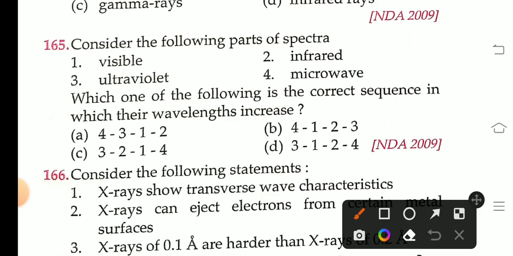Which one of the following is the correct sequence in which their wavelengths increase? Right answer will be option D, ultraviolet, visible, infrared, last microwave.